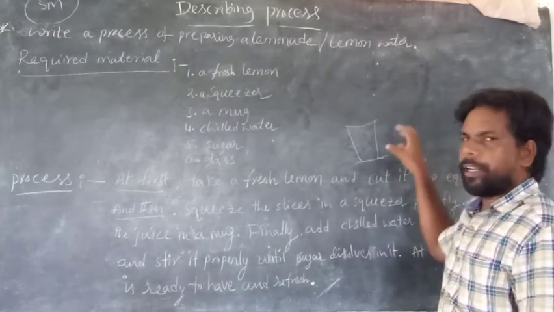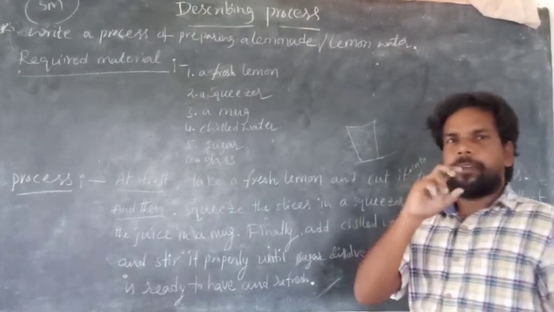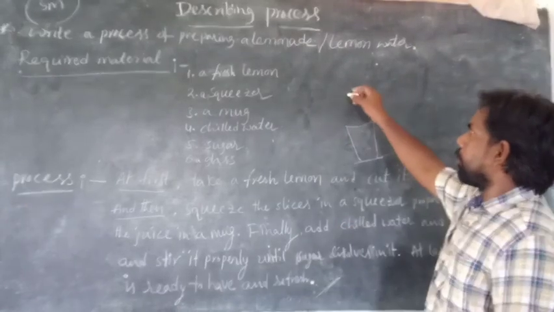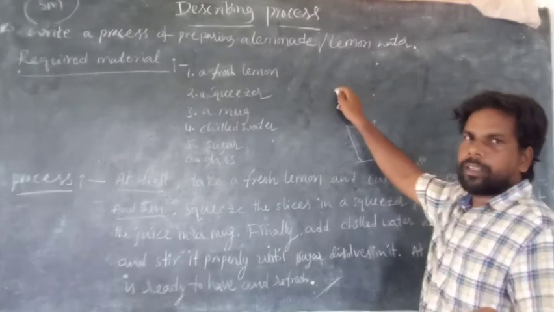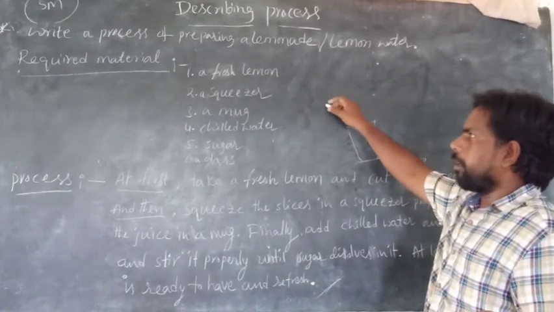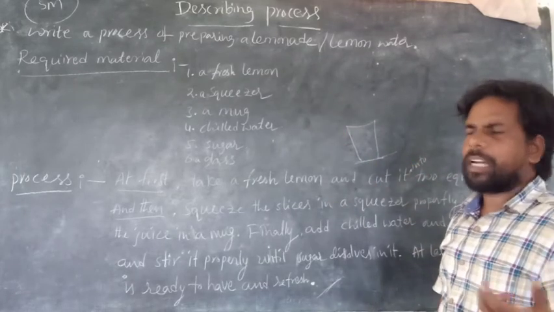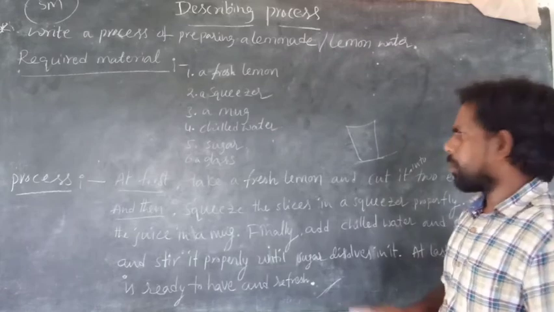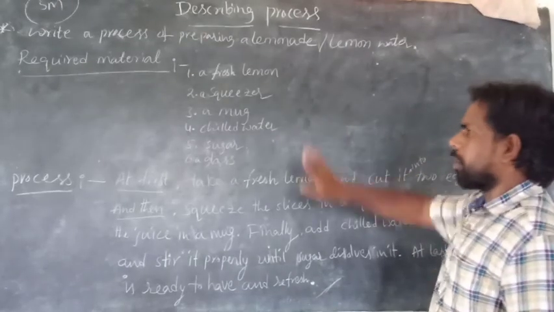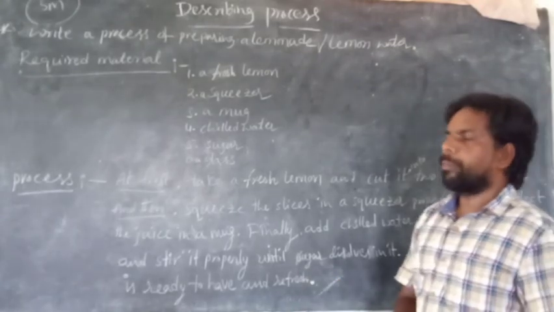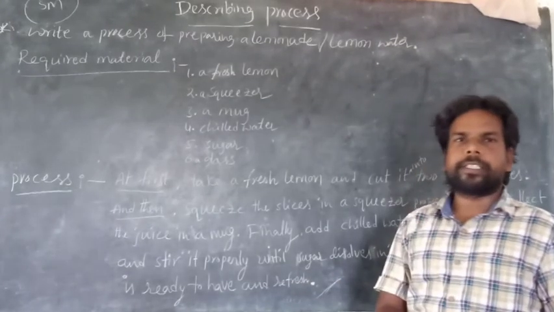You can draw a boy who is having lemonade, or show the squeezer, or draw a small mug. But you don't have so much time to draw all these things, so writing only the process is enough. Is it clear? This is the model for describing process.